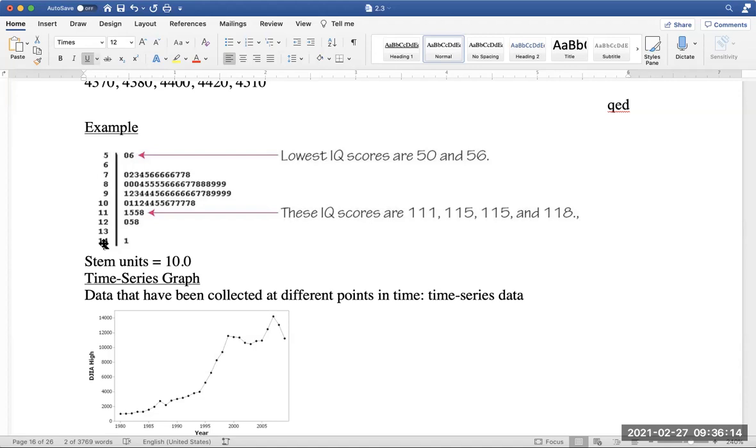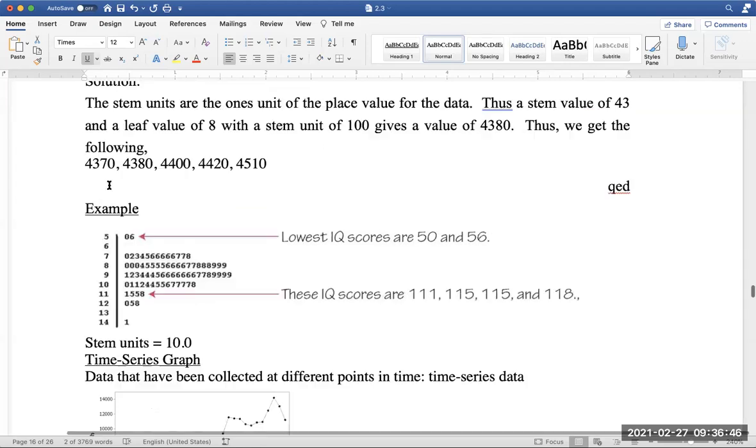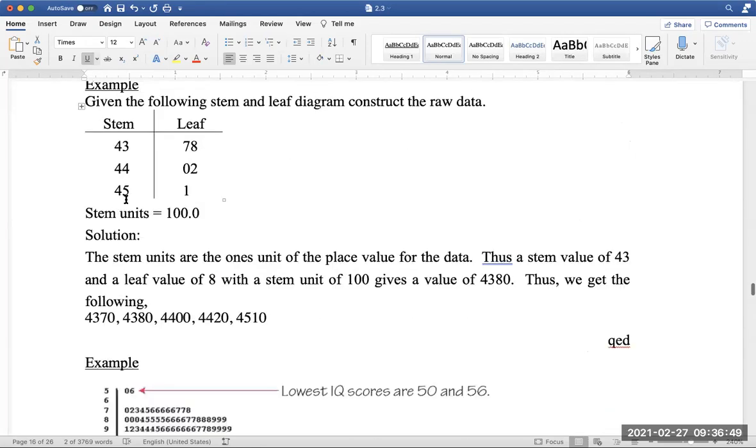If I look at the digit that is rightmost in the stem, the 4, then the stem unit is the place value of the 4. In this case, the place value is the tens. So this 4 has to be written in the tens place value. So this would correspond to 141, because the 4 would be in the tens place and the 1 would be in the ones place.